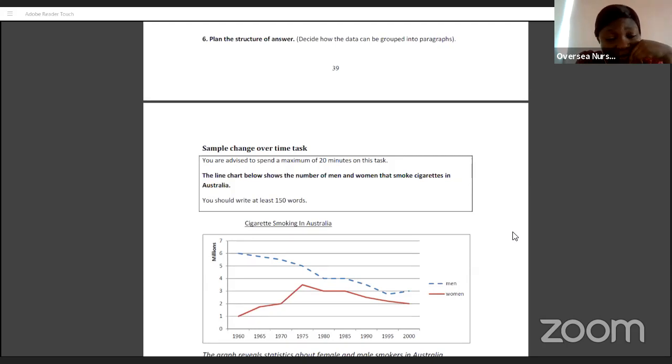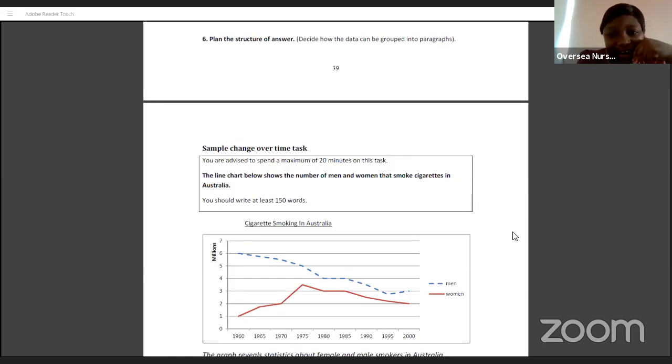Overall, what do we want to say? Did the number of men that smoked increase or decrease? Decreased. Thank you. What about the number of women that smoked? Did it increase or decrease? It increased.